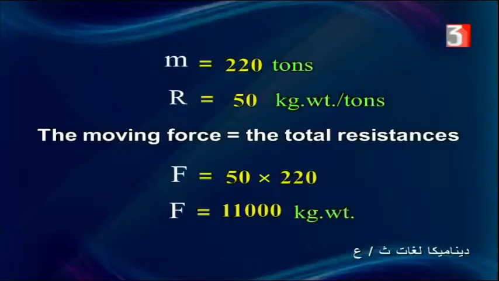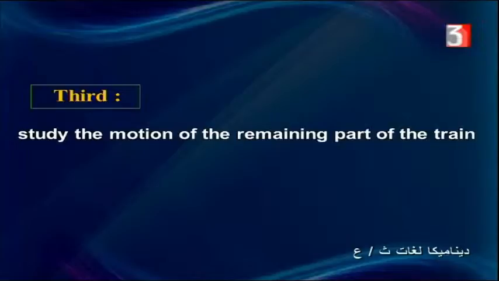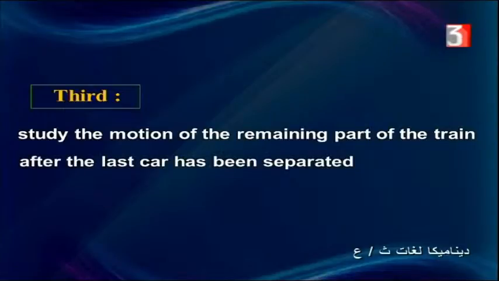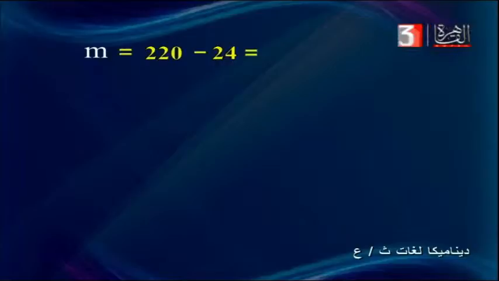Now, the third required: study the motion of the remaining part of the train after the last car has been separated. The mass of the remaining part equals 220, the total mass of the train, minus 24, the mass of the separated car.